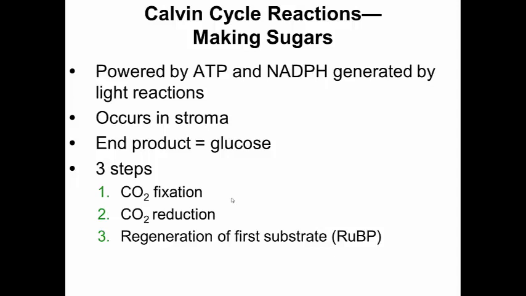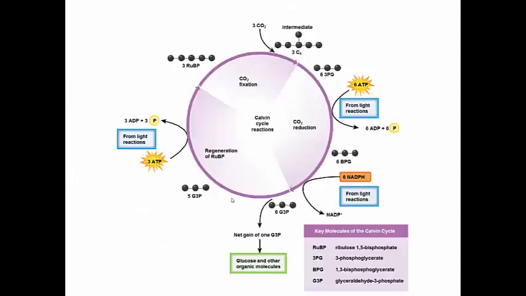CO2 reduction means this: the addition of electrons. CO2 reduction is the building of sugars by the addition of electrons to carbon dioxide. And then lastly, the regeneration of that substrate must occur for the Calvin cycle, implying that it's a cycle that happens over and over again.